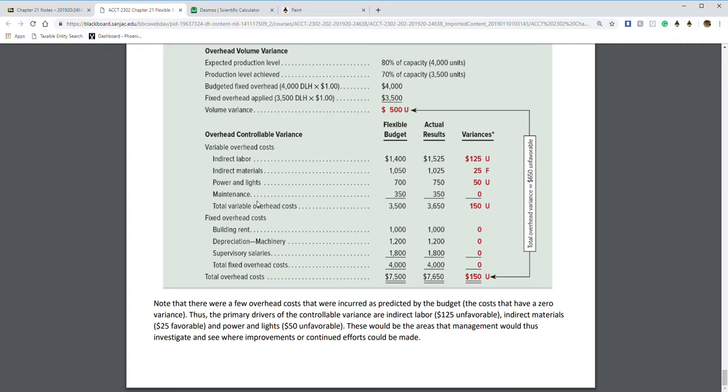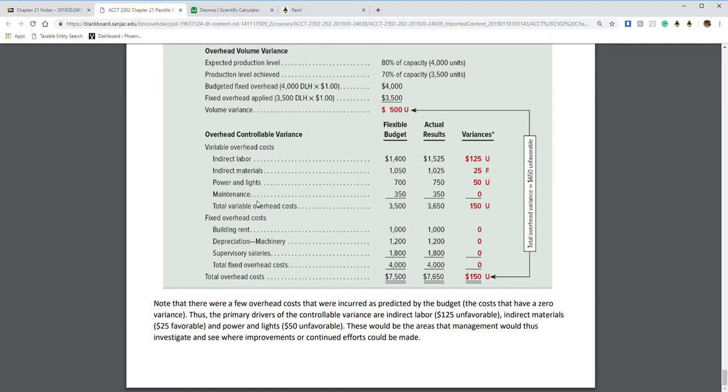Now, these are points where the management will investigate why. Maybe the utility company raised the bill, but the indirect labor is one where we're going to ask, why was it a little bit higher in our overhead? Again, these are ones we want to be perfectly zero. We're never going to be perfect on zeros, but we want as close as possible.